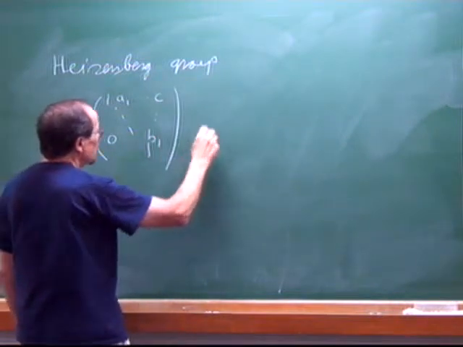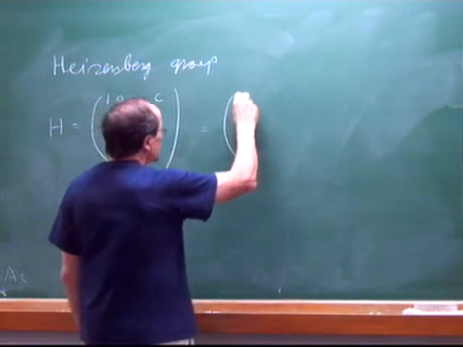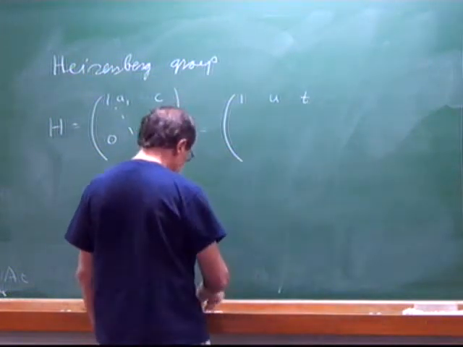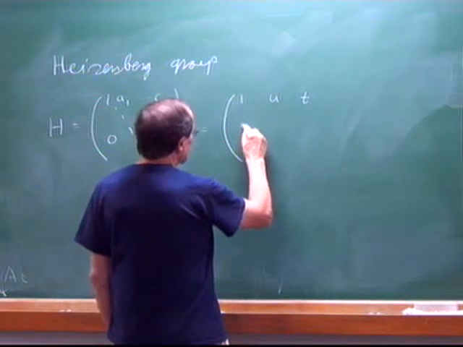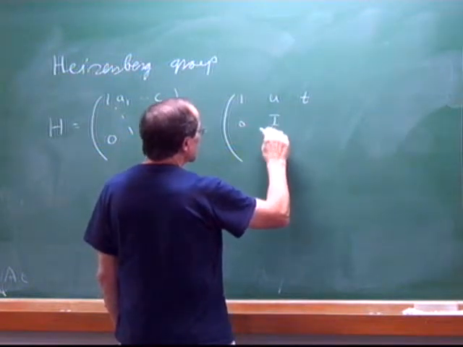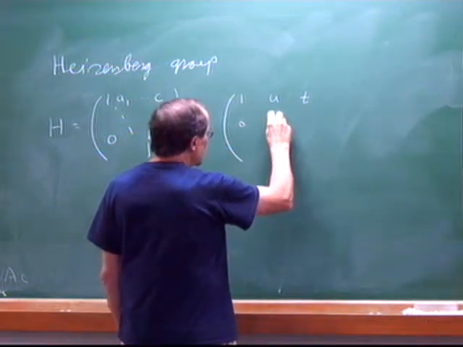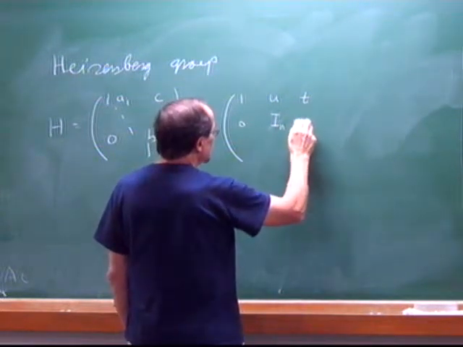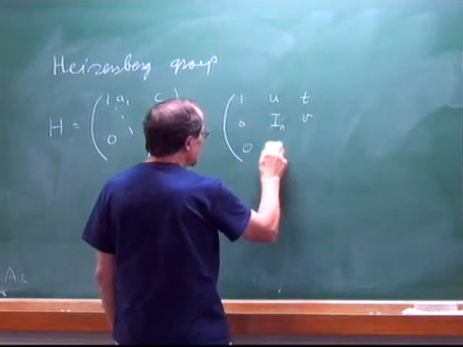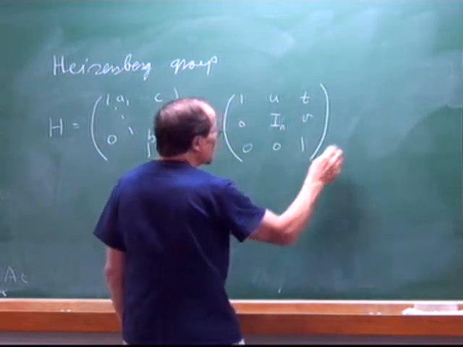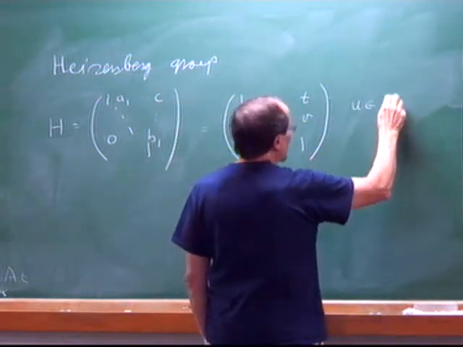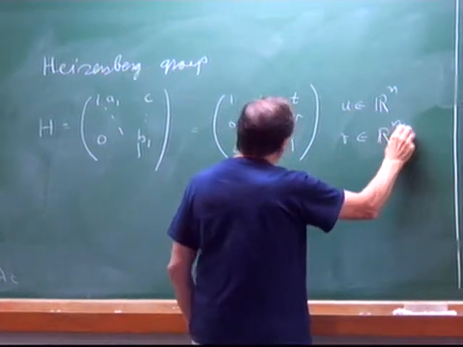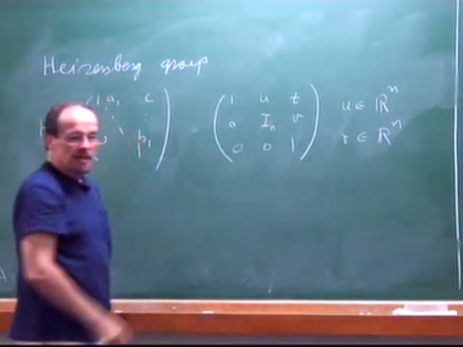Let me write it out a little bit. The matrix is: 1, U transpose, T, 0, the identity matrix of size n, V, 0, 0, 1. Where U lies in Rn, V lies in Rn, because here it's written as a column vector, here as a row vector, right?